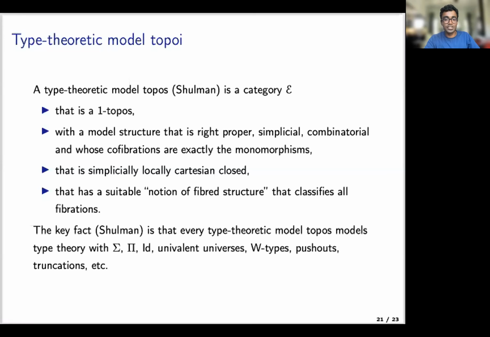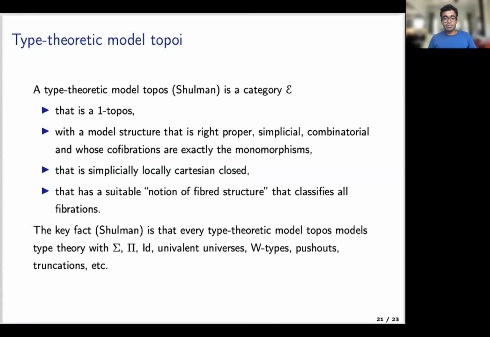And it has a suitable notion of fibered structure, which is a really terrible name, although I suppose Mike doesn't agree, which is essentially what plays the role of a universe. The universe in simplicial sets is nice enough to allow us to get away with describing a good old universe, whereas in other type theoretic model topoi, what we end up with is a notion of fibered structure that is more difficult to define and has more structure than the universe of simplicial sets.